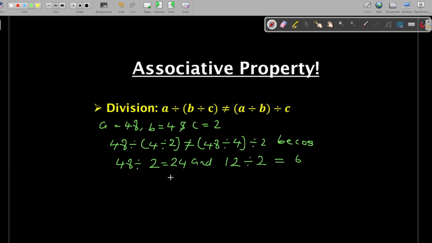So we can see that 24 is not equal to 6. So as you can see, again, changing the grouping in division does affect our final answer. So we can say here that subtraction and division are not associative operations.